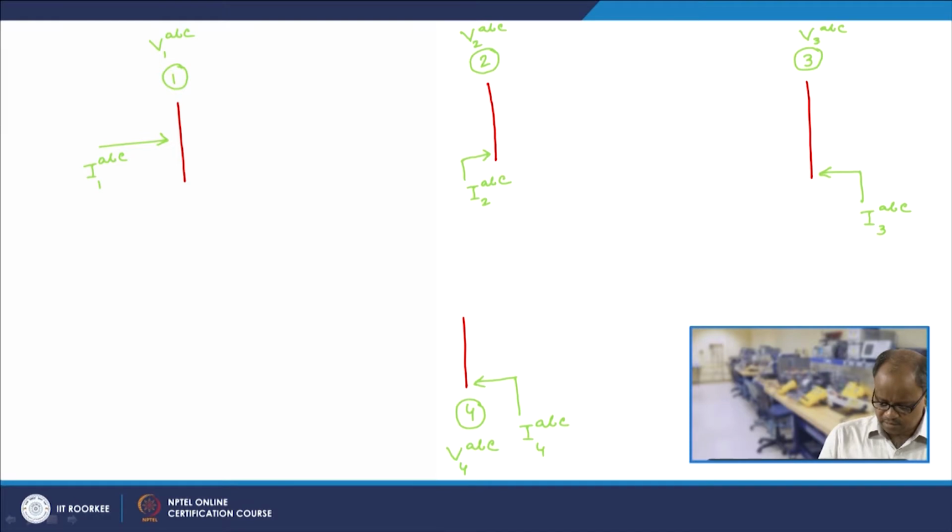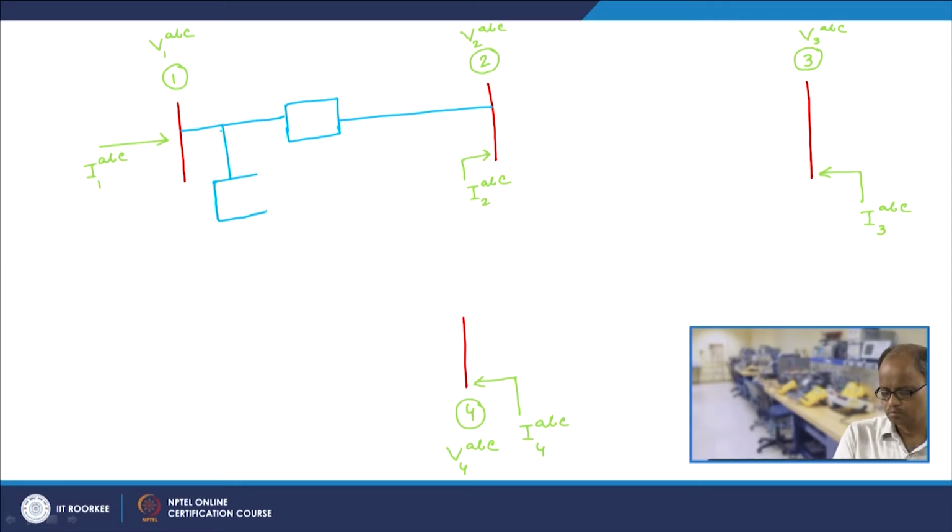What about the lines? So we just note it like this.